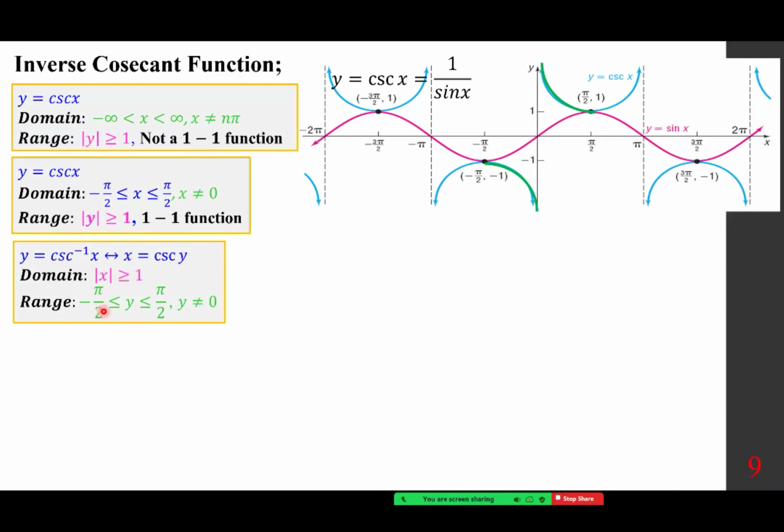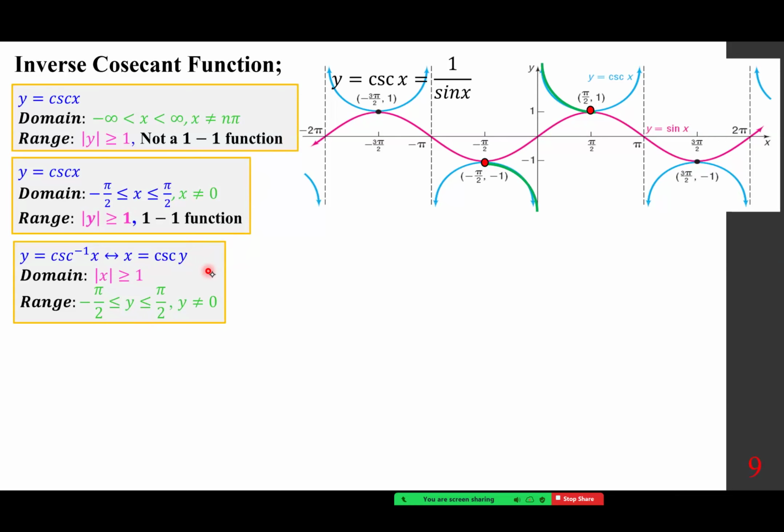The domain here becomes the range, from negative pi over 2 to pi over 2. So pretty straightforward, everyone. In short, another one-to-one. Restriction makes it one-to-one, gives rise to its inverse.